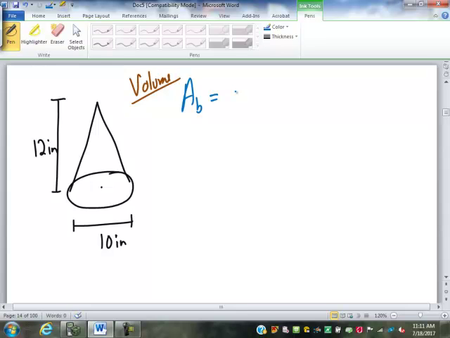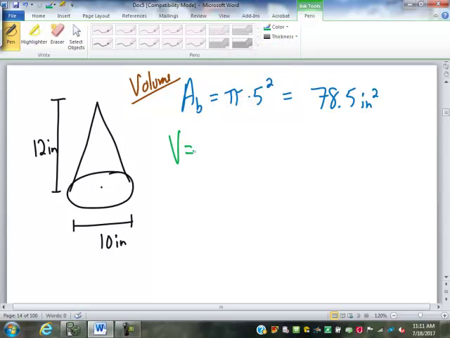The base is a circle, so how do we find its area? Pi times radius squared. We have the diameter of 10, so the radius will be 5. So pi times 5 squared is 78.5 inches squared.